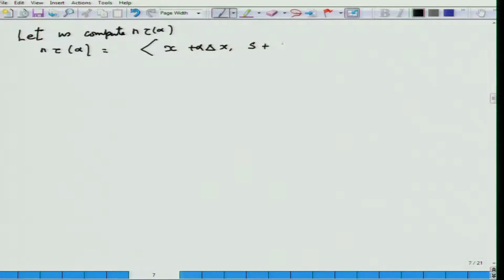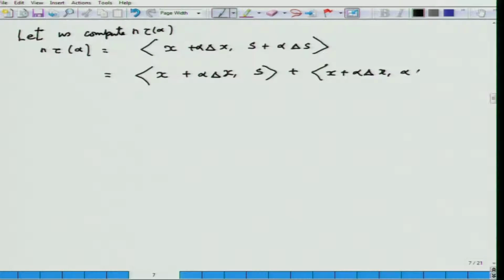you will see the estimate delta x into delta s will be useful here. So, now what I will have is x plus alpha delta x into s plus x plus alpha delta x into alpha delta s.